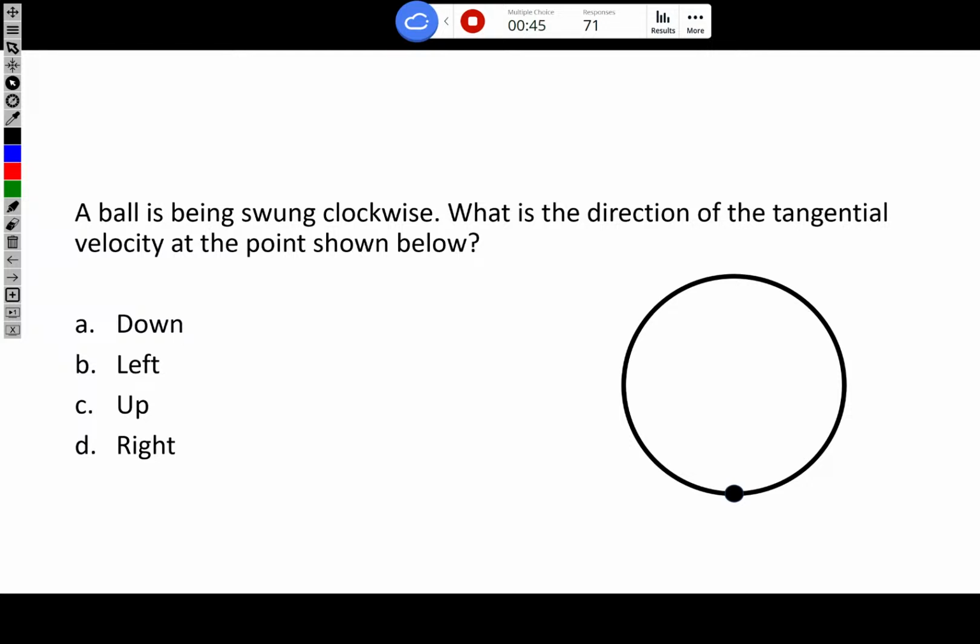All right, we'll go for 15 more seconds. All right, in 5, 4, 3, 2, 1. All right. So you know what? Let's test it.